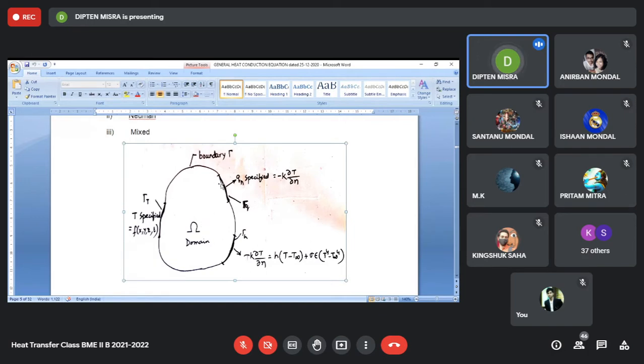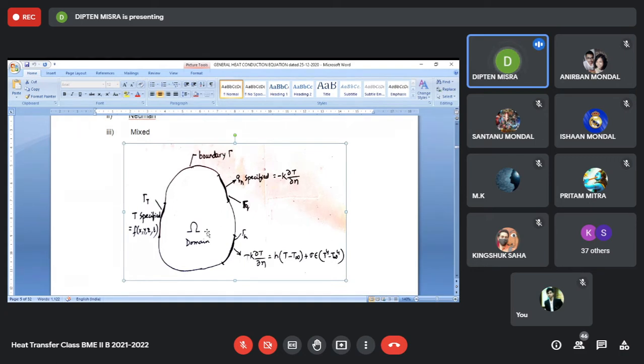But if we take a point on the boundary, that point will partially be surrounded by domain points and partially by points other than the domain, external points, surrounding points. I'll call that the definition of boundary and domain. The boundary will generally be symbolized as capital gamma and the domain will be symbolized by capital omega.